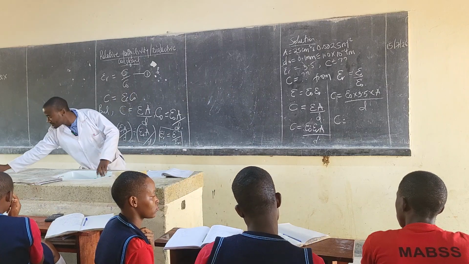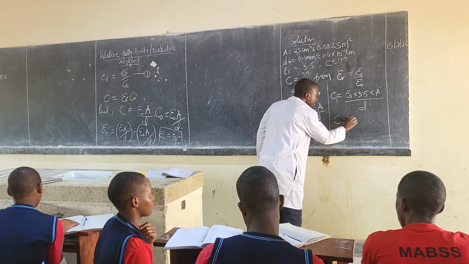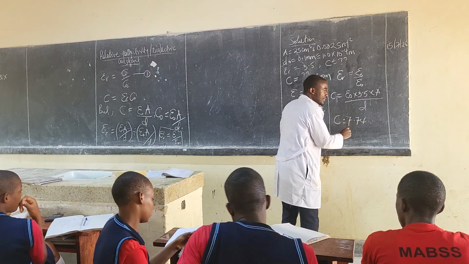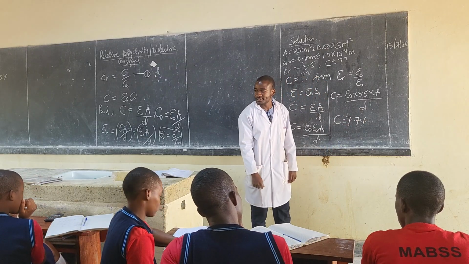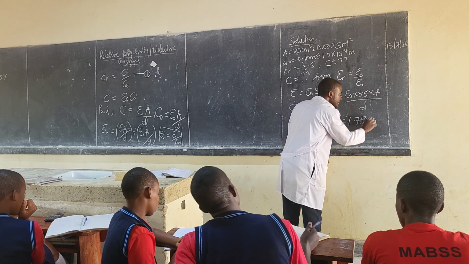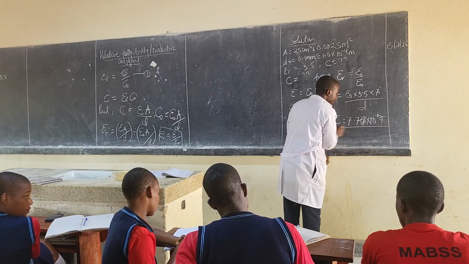Okay, what do we get? 7.74. Give me to two decimal places. 7.75 exponent negative 10 farads.